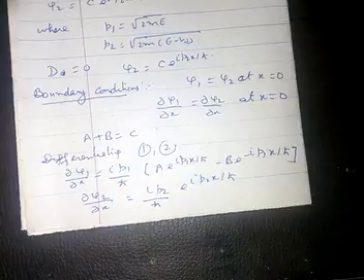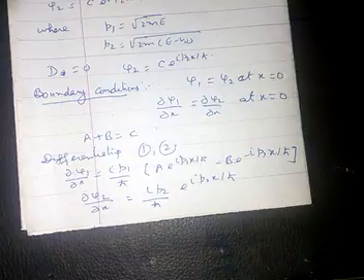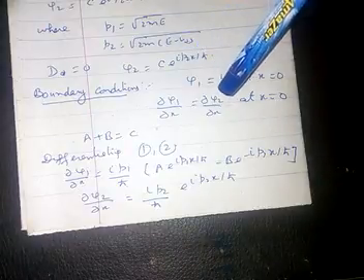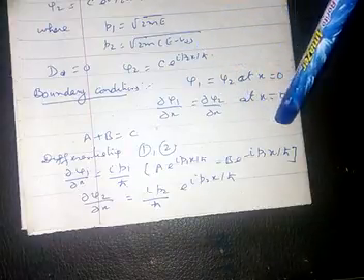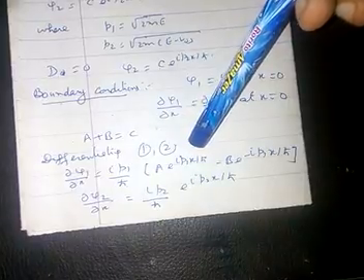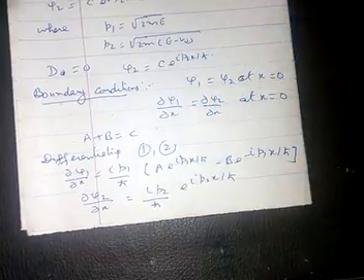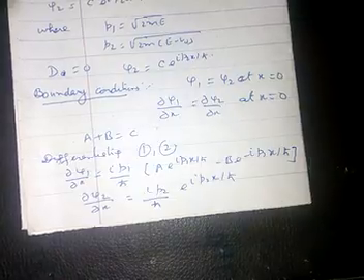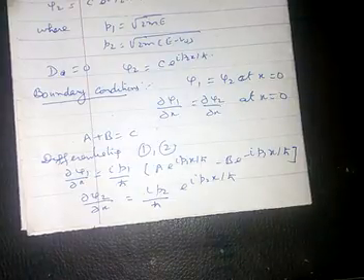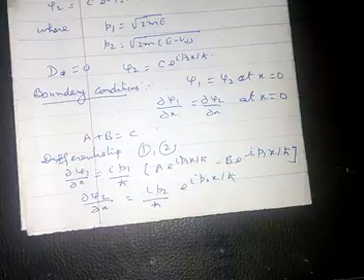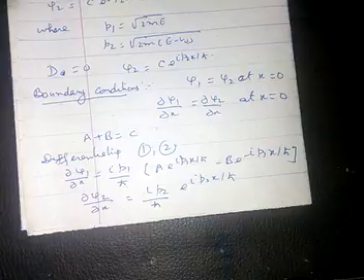Now differentiating equations 1 and 2, we get dpsi1/dx equal to i p1/h-cross times (a e^(i p1 x/h-cross) minus b e^(-i p1 x/h-cross)), and dpsi2/dx equal to i p2/h-cross c e^(i p2 x/h-cross).